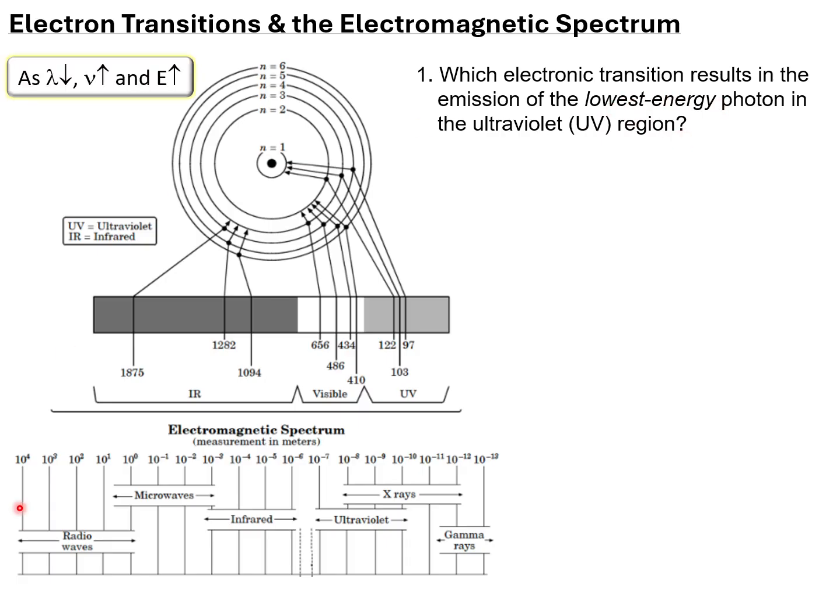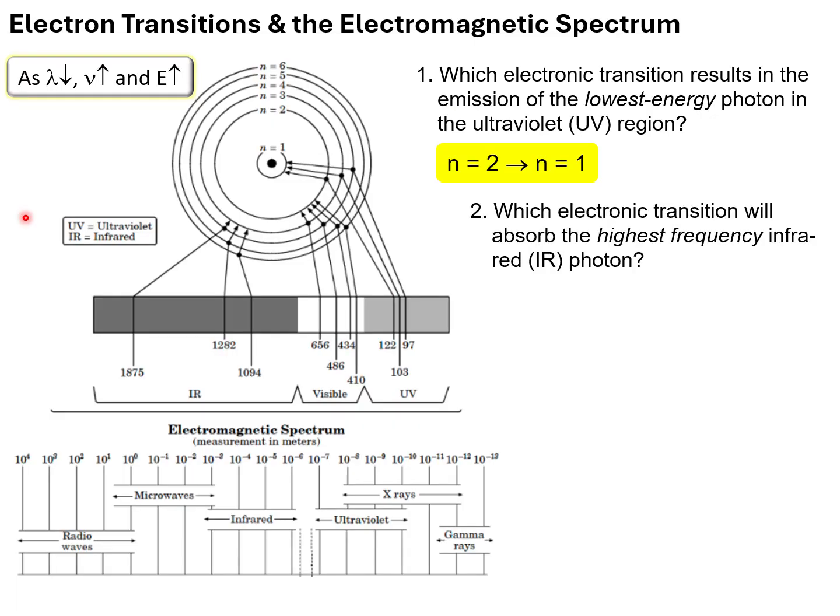Remember that as wavelength goes down, frequency goes up, and energy goes up. So we want the lowest energy, so we want the longest wavelength in the UV. Here's UV, the longest wavelength would be 122. You trace it back, and it's going between n equals 2 and n equals 1. It wants emission, so we're doing high to low. So it would look like that.